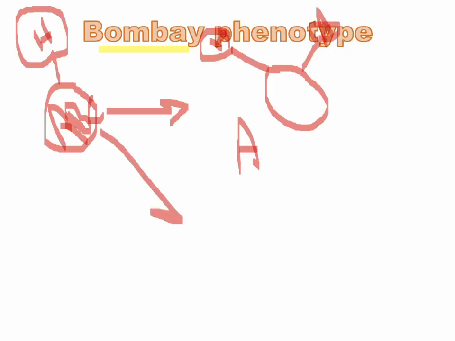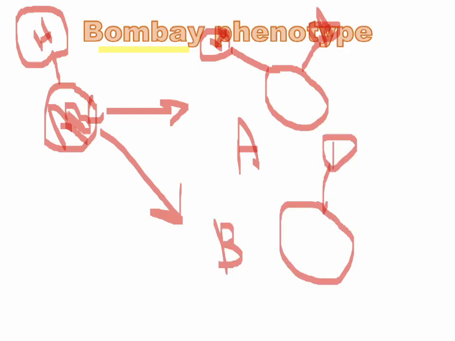For someone whose blood group is B, on the surface of the RBCs you will find the H antigen, which is the precursor or the building block, in addition to the B antigen.